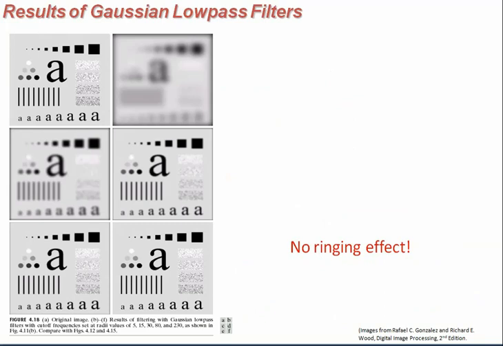Now the same example with the same radii values: 5, 15, 30, 80, 230. Observe this, there is no ringing effect. You can smooth the image with different radius values of the Gaussian low pass filter.